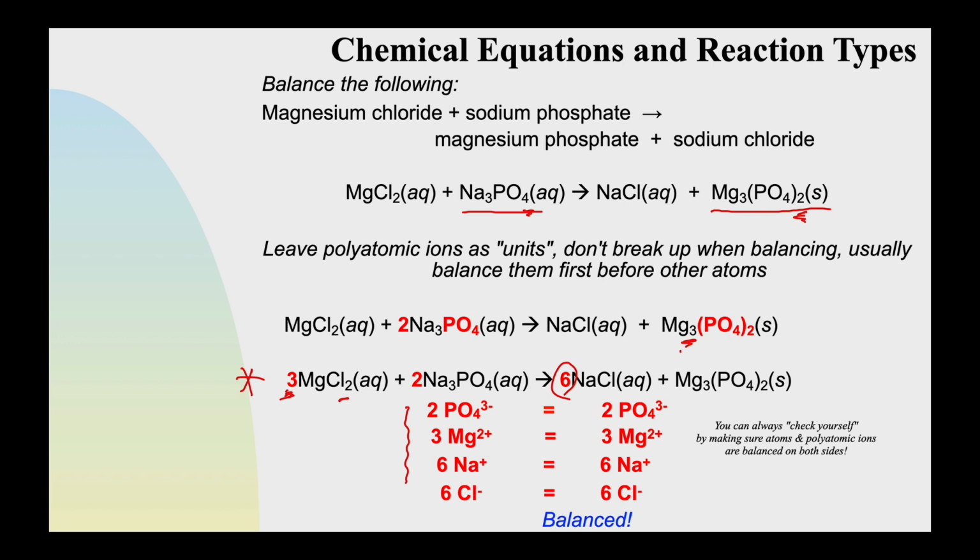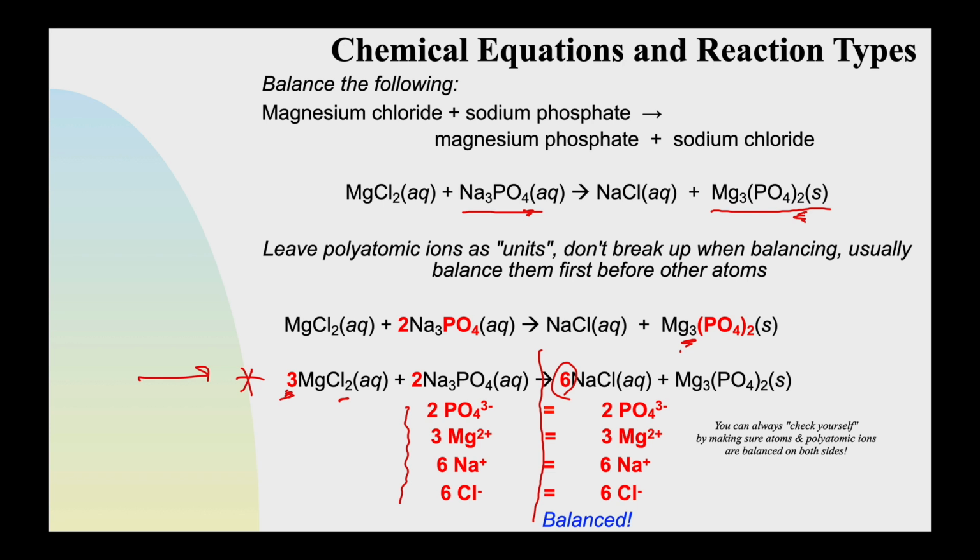So this little part right here is a way that you can always check yourself. If you have a reaction which you think is balanced, this one right here, check yourself. Make sure that the atoms or polyatomic ions on each side are the same. So you can see here what I've done is I kind of drew a line.